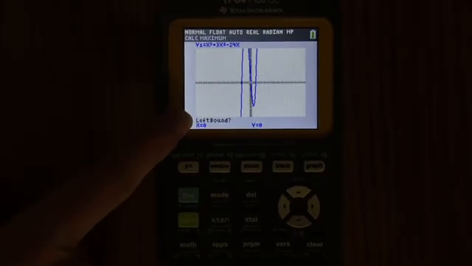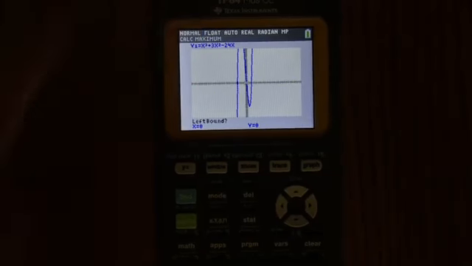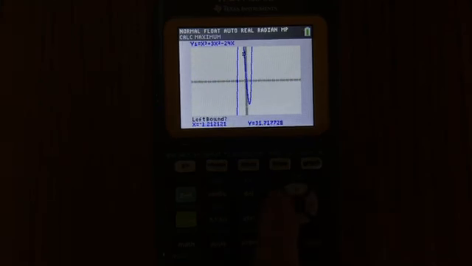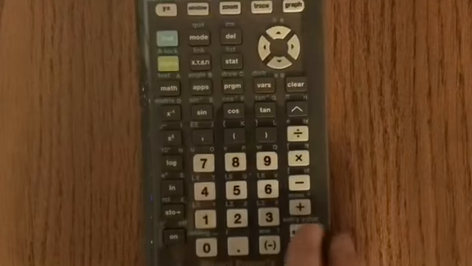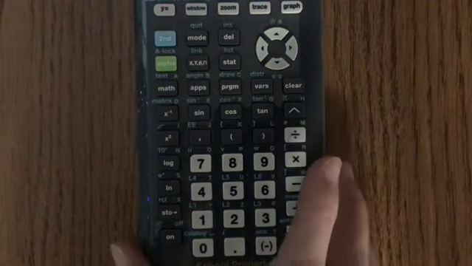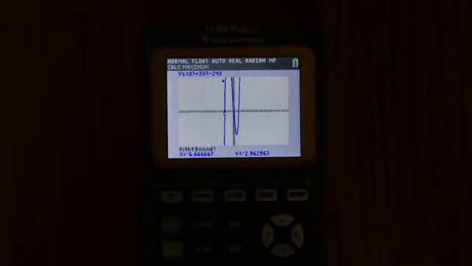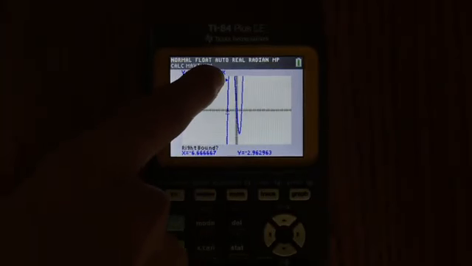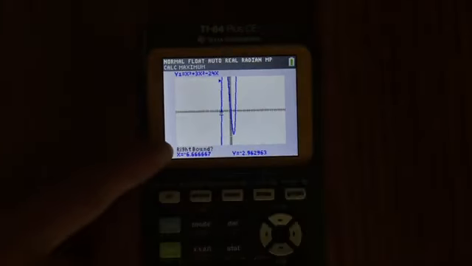It wants the left bound for our maximum. So go to the left side, see the little star going there. You're going to move to the left side of the maximum point by just hitting the arrow over and then touch the enter button. The enter button will put this little triangle up here saying, okay, this is our left bound. Now it's asking me, what's my right bound?